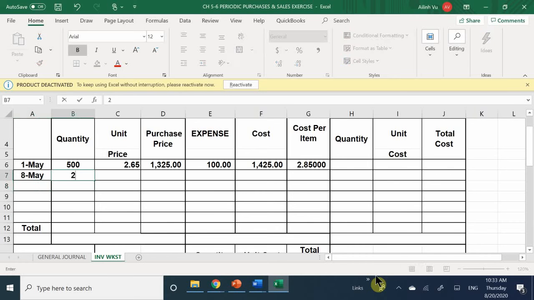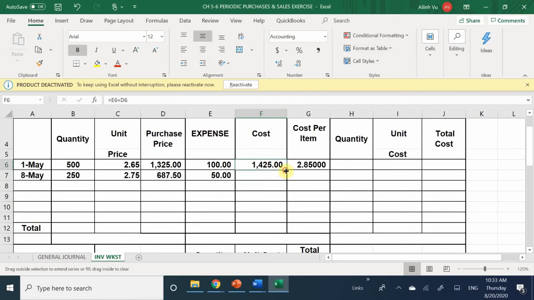All right, so 250 at $2.75 gives us a grand total of what? 687.50, and my freight was how much? 50. Sorry, I lost my mouse for a second. Okay, so there you go, 737.50.